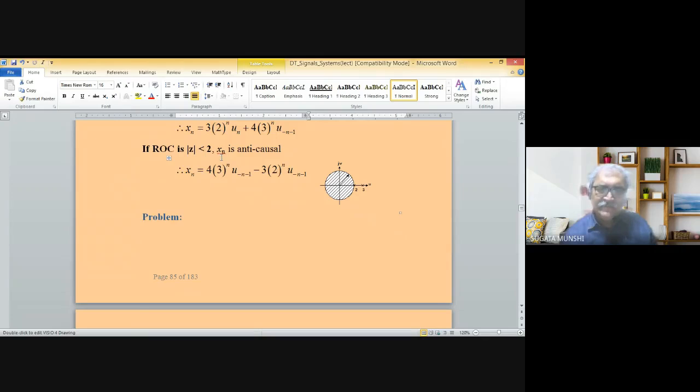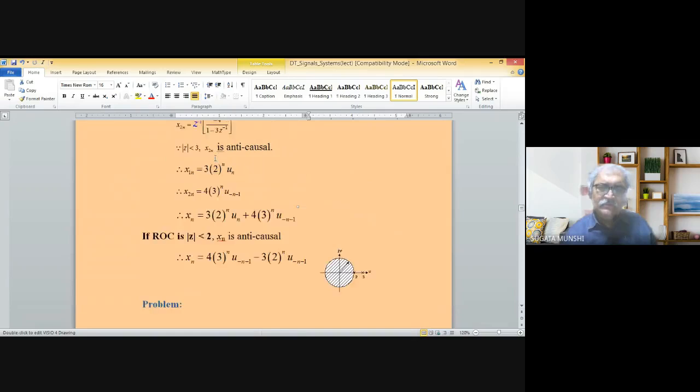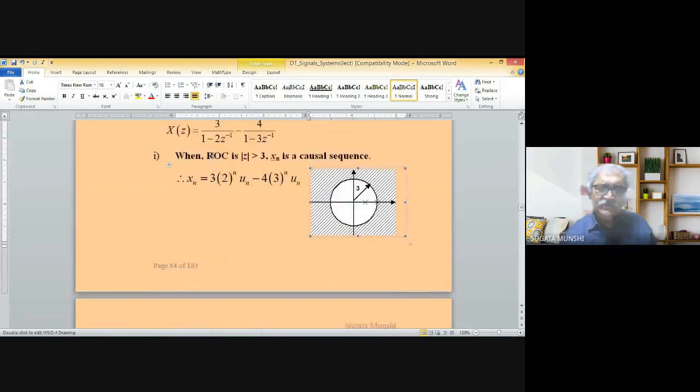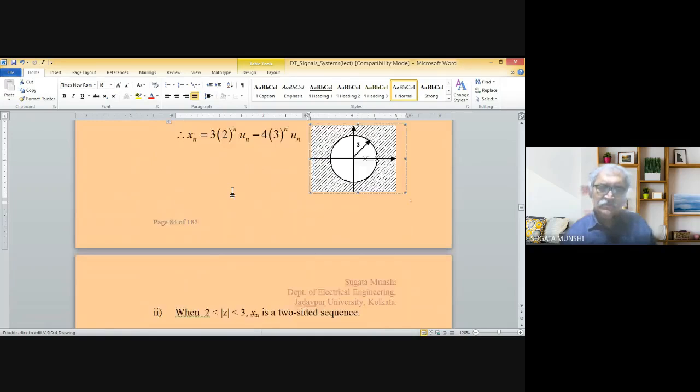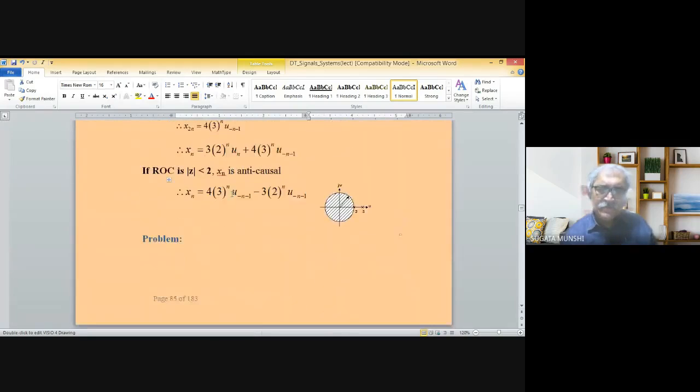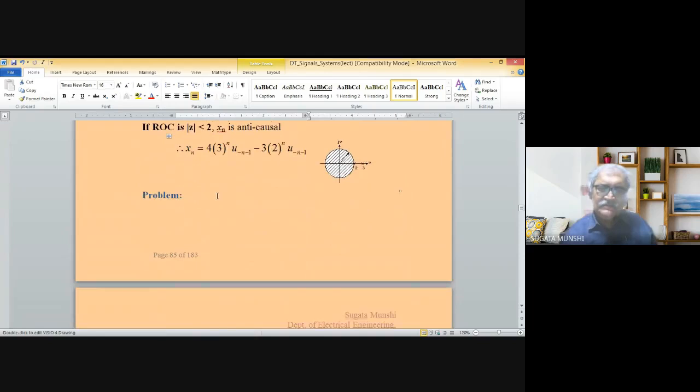If x[n] is an anticausal sequence, the inverse z transform of both these terms should be an anticausal sequence. So what will be the result? For magnitude of z less than 2, the first term's inverse z transform will be 4 into 3 to the power n u[minus n minus 1].